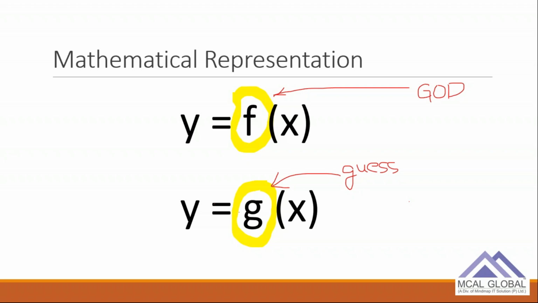So G is a function which is your guess. What is your aim in machine learning? The main aim in machine learning is to get G as close as possible to F. If you get your G equal to your F, then you have solved your problem. But obviously, every time you cannot take your G to your F. There has to be some error because you're not God.